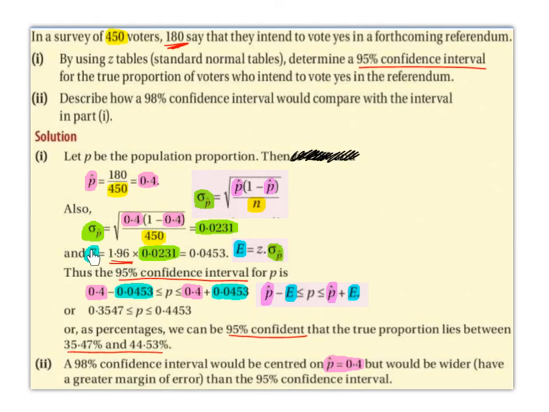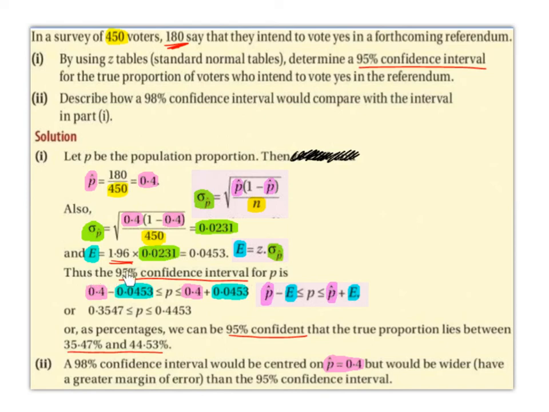So E, the margin of error, will be Z, which is 1.96, multiplied by the standard error, which is 0.0231, which gives us 0.0453. So we got that from this formula here. E, the margin of error, is equal to Z multiplied by the standard error of the proportion.